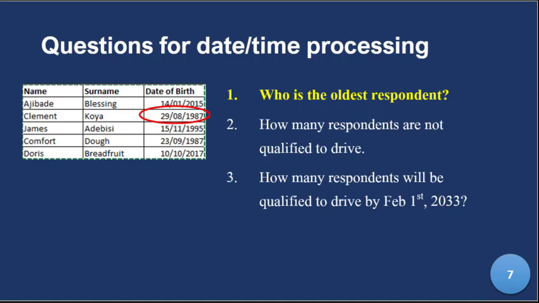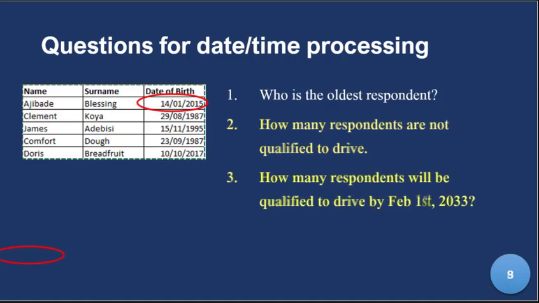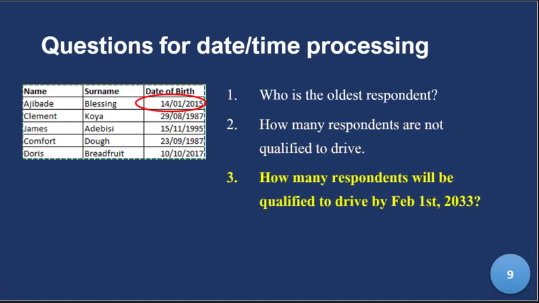The next question: if this year is 2023, these two people will not be qualified to drive because apparently they are less than even 10 years old. I can see all this and process it mentally because there are just 5 lines. Let me move on to the third question: who will be qualified to drive by the first? By that time, this person will have been 18 years old.